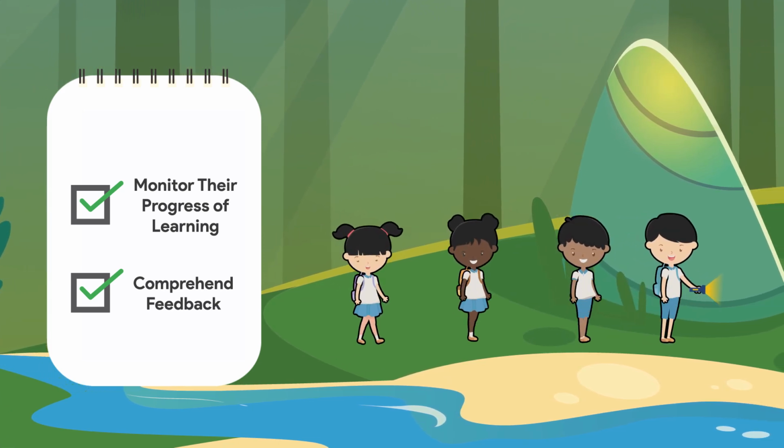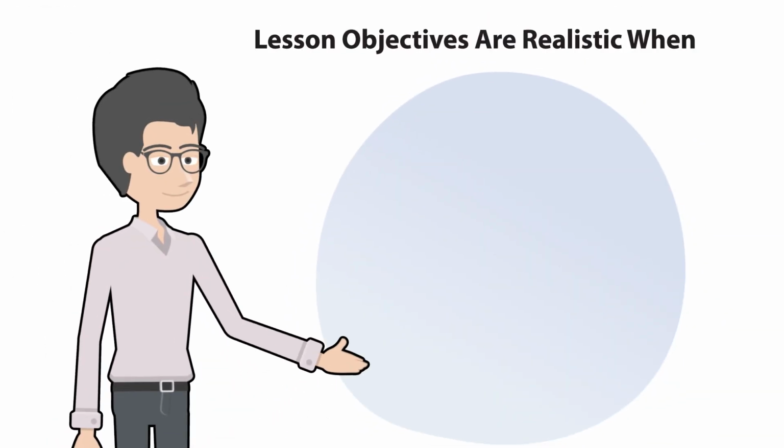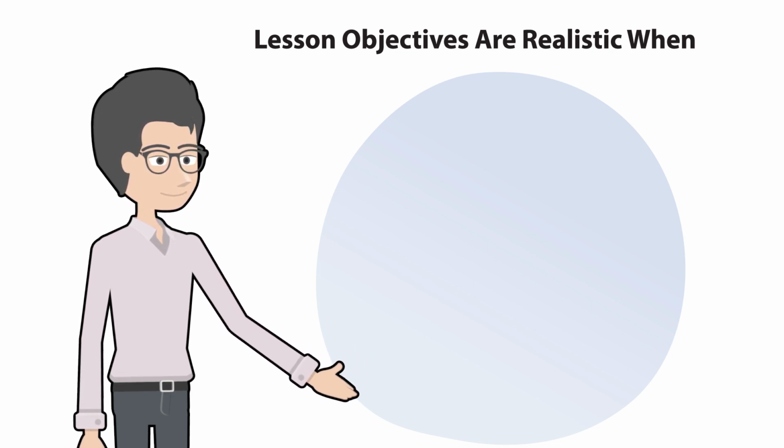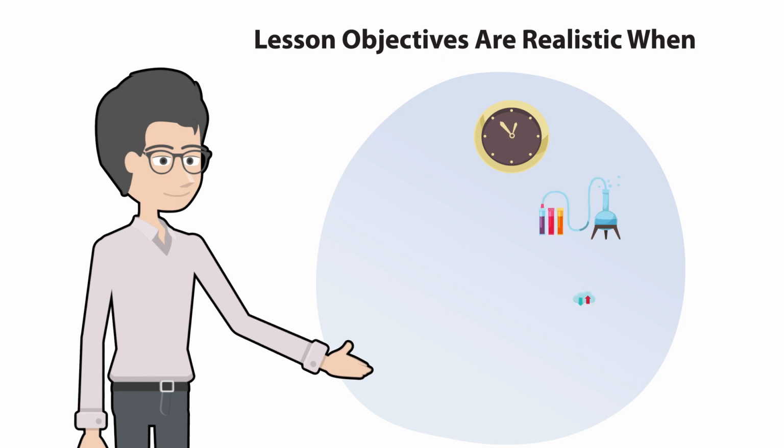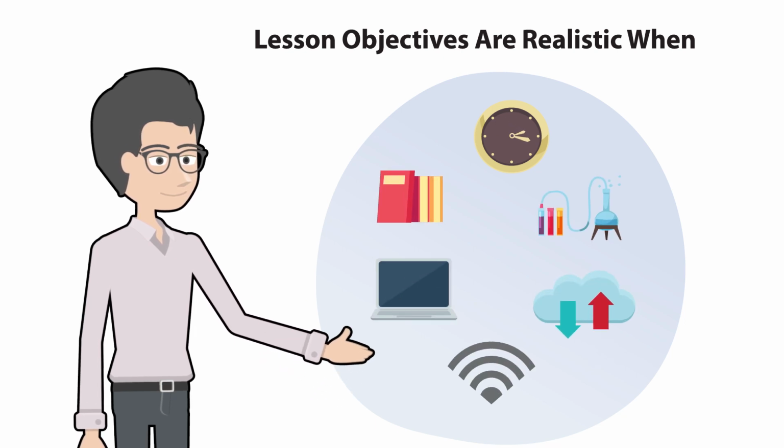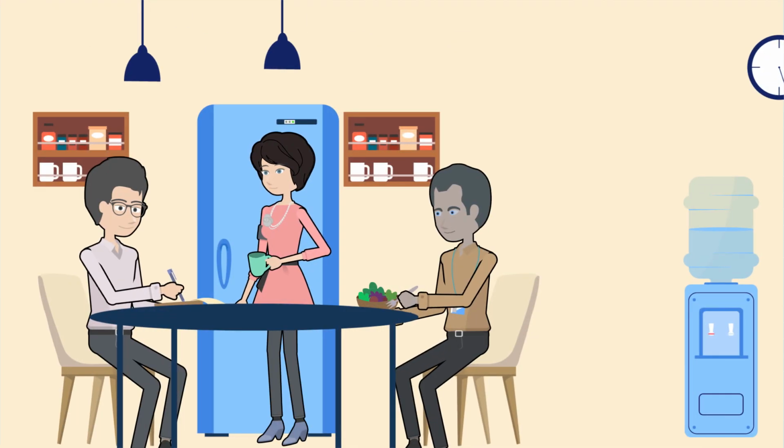Lesson objectives are realistic when they can be attained in a given time and with the resources available for teaching and learning. Teachers could come together to collectively draw on their combined knowledge and experience to be better informed of the lesson objectives that can be achieved within the constraints, allowing for a pace that is conducive for learning.